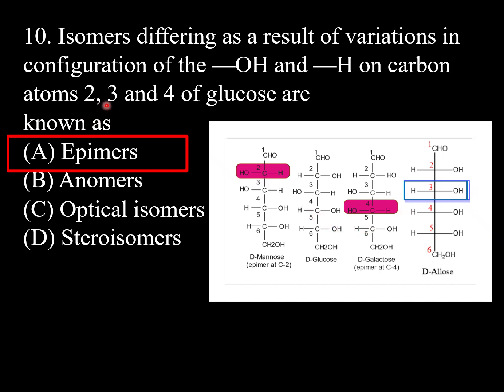Similarly, the example for carbon 3 is allose. Allose has a similar structure to glucose, but differs only at carbon number 3. Similarly, galactose differs at only carbon number 4. If we see the configuration of hydrogen and hydroxyl, it differs at only one position. So for 2, 3 and 4, the right option is epimers.